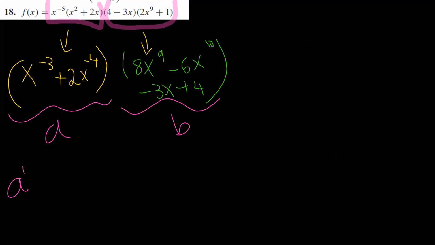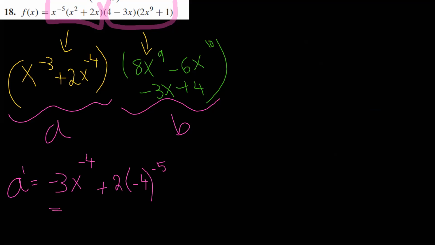Now A prime, it will be negative 3x raised to the power negative 4, which is negative 3 minus 1, plus 2 times negative 4, which is negative 8, to the power negative 5.